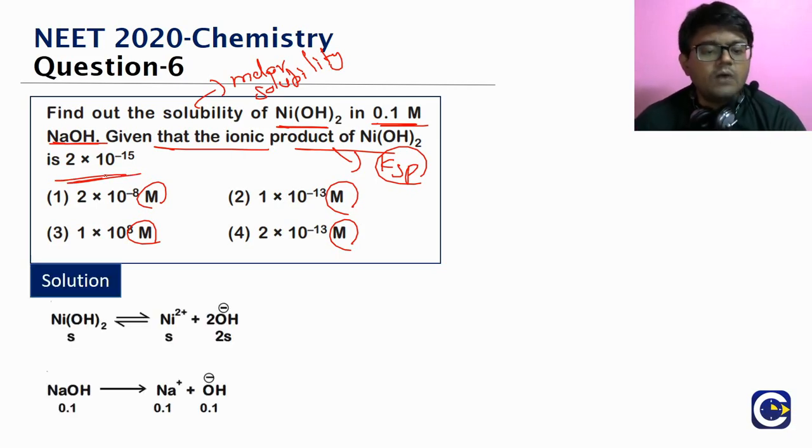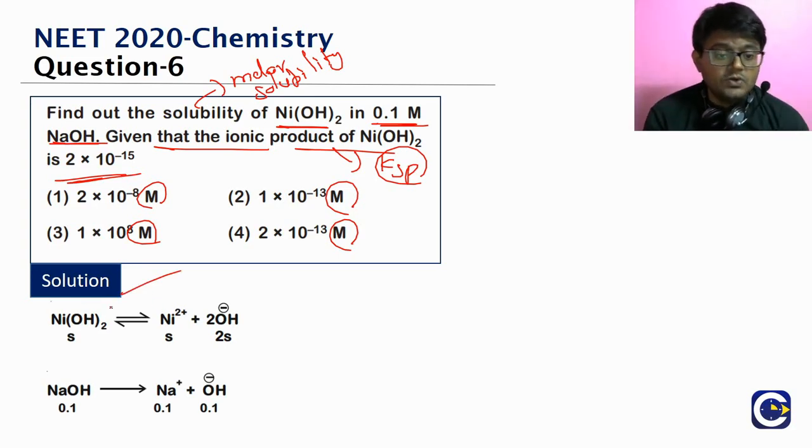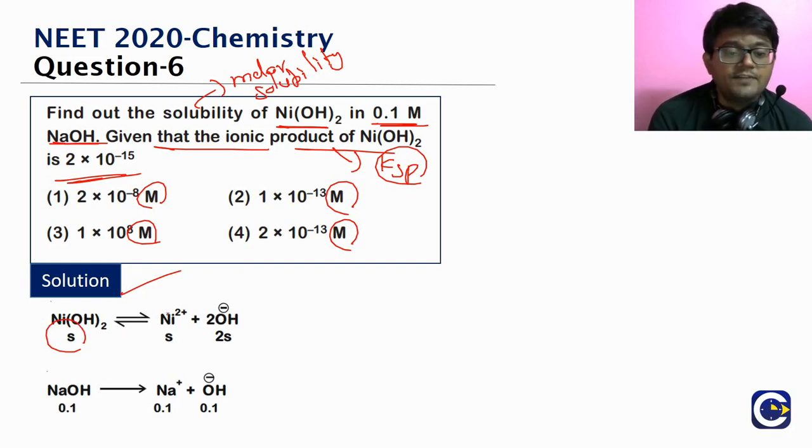What will be the equation for the solubility of nickel hydroxide? When nickel hydroxide is dissolved, if S is the molar solubility, then from the equation every one nickel hydroxide entity gives one nickel ion and two hydroxide ions. So the concentration of Ni2+ ions will be S, and the concentration of OH- ions will be 2S.